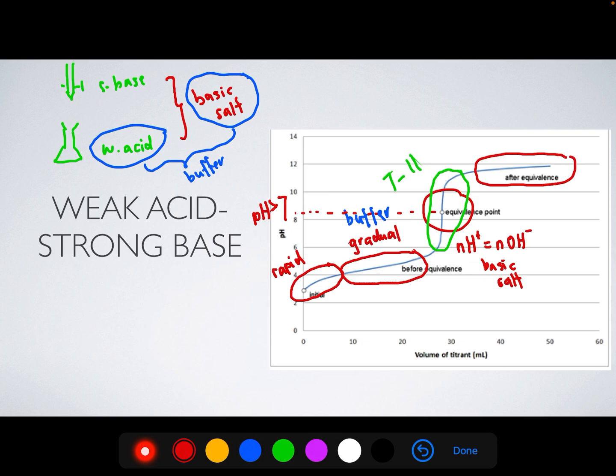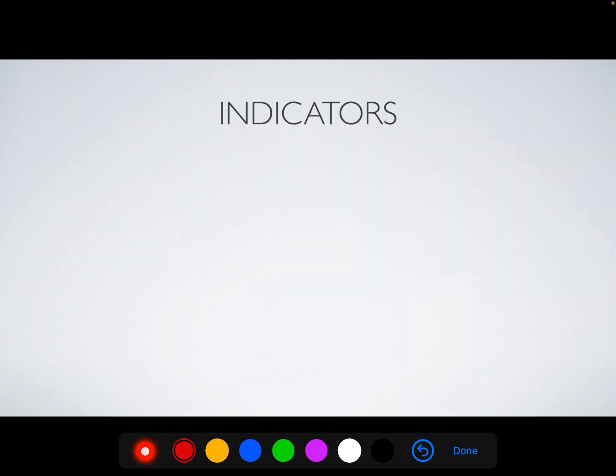So hopefully you boleh dapat membezakan between titration curve strong acid, strong base, strong acid, weak base, dan juga weak acid, strong base. Okay, now we will continue with indicators.